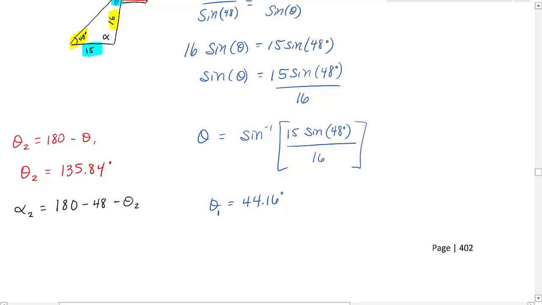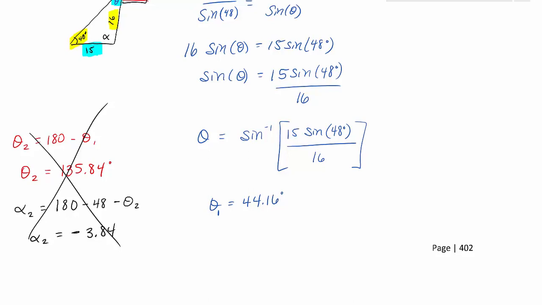And if we get a negative number, then we know that a second triangle is not going to exist. So when we subtract these, we get this alpha 2 to be negative 3.84. So that means a second triangle is not going to exist, and the only one we need to worry about is this 44.16 degrees.